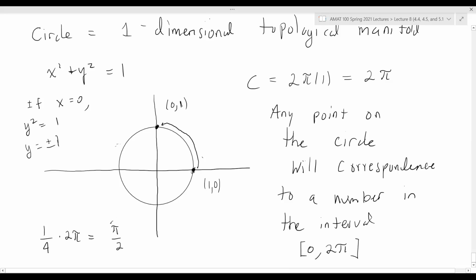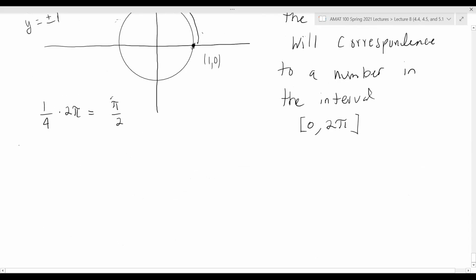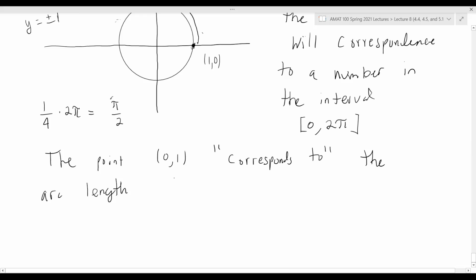So in other words, pi over 2, and I'll put this in quotation marks because it's not an exact correspondence, the point (0, 1) corresponds to the arc length pi over 2.